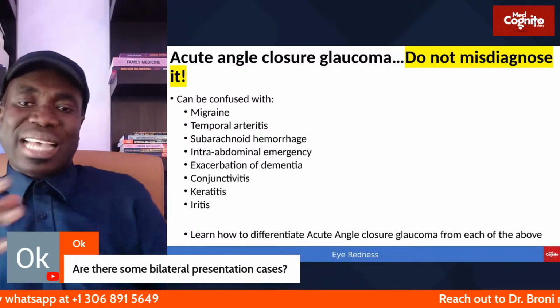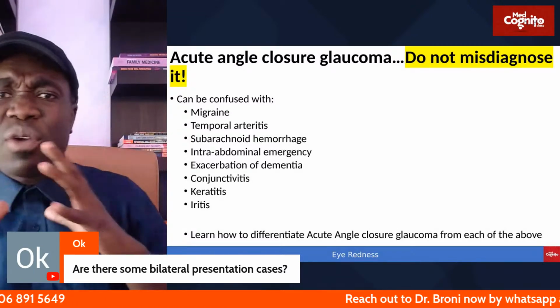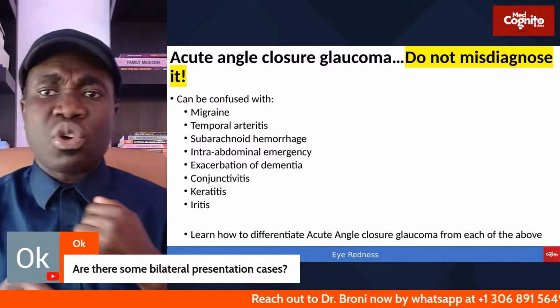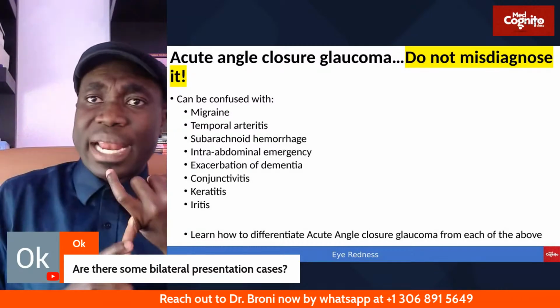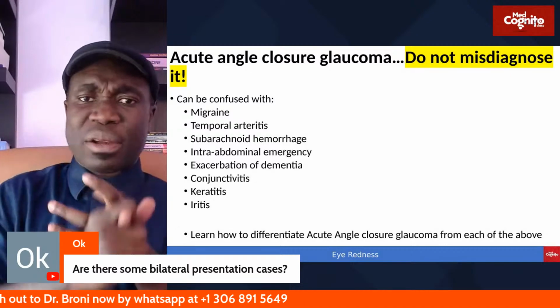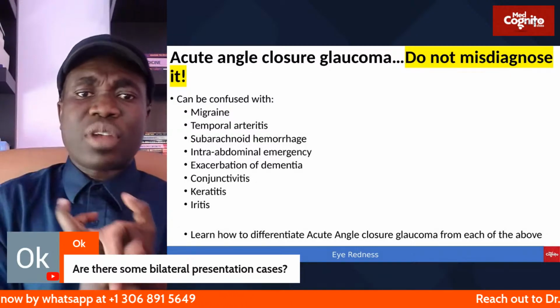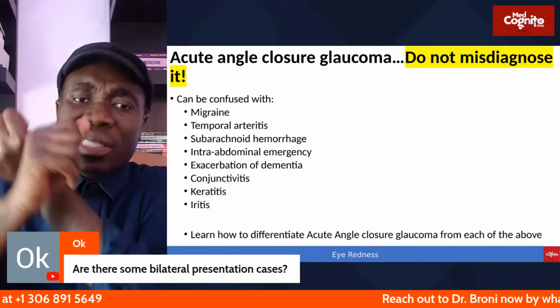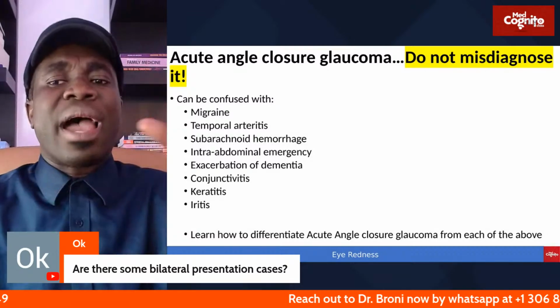So an assignment I want to give you is, how am I going to differentiate between acute angle closure glaucoma and migraine headache, temporal arteritis, subarachnoid hemorrhage, intra-abdominal emergency, conjunctivitis, keratitis, and iritis?